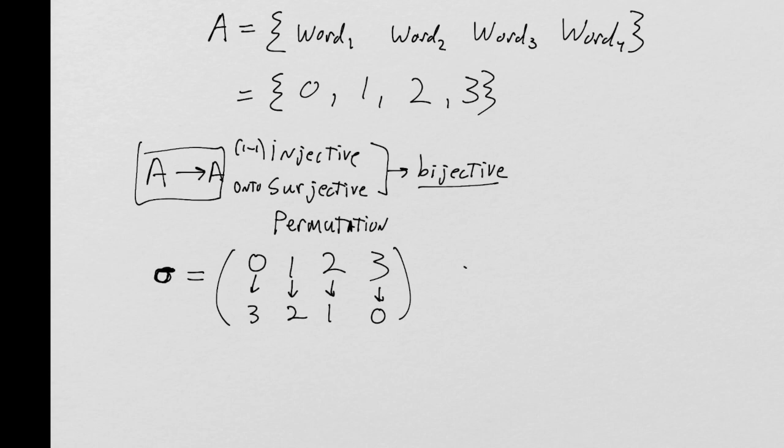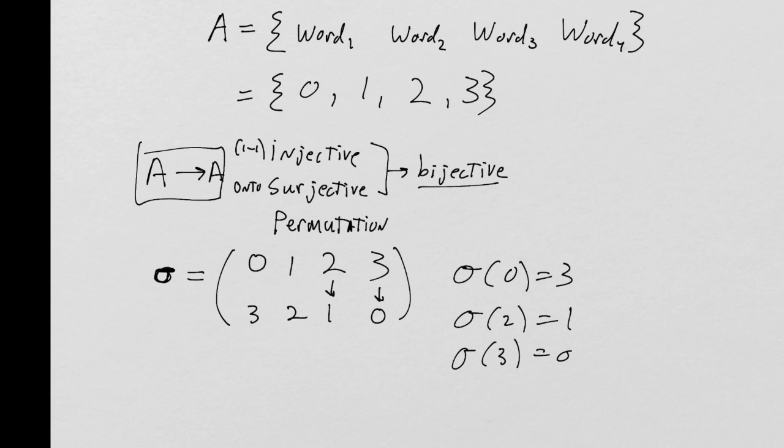So this would mean that sigma of 0 equals 3. Sigma of 2 equals 1, right? Sigma of 3 equals 0. And what we do is we do not include these arrows, and this object here is one way of expressing explicitly a permutation.